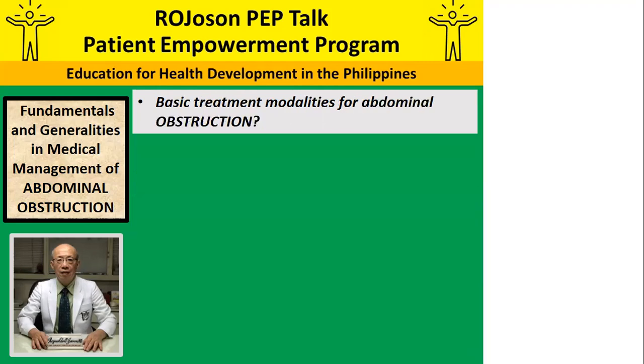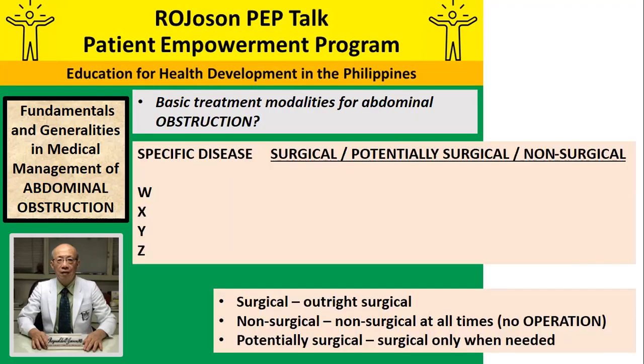So, basic treatment modalities for abdominal obstruction. Basically there are three treatment modalities: surgical, non-surgical, and potentially surgical. Surgical means the treatment is outright operation. Non-surgical treatment is outright no operation, just medical, just gamot or watchful waiting.